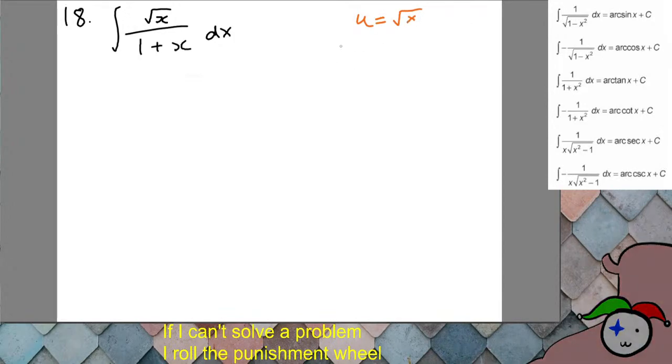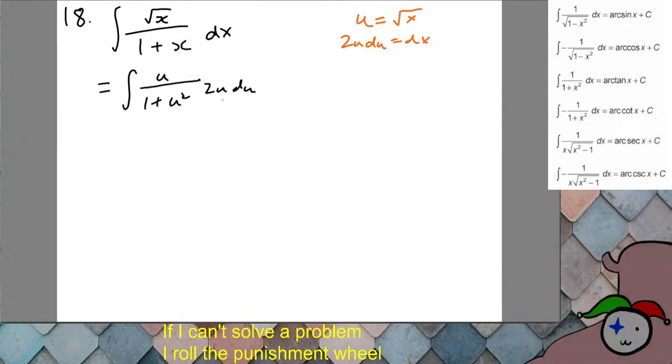What happens then? u squared is x, so 2u du equals dx. So then you have u over 1 plus u squared times 2u du. So it made it more complicated, right?